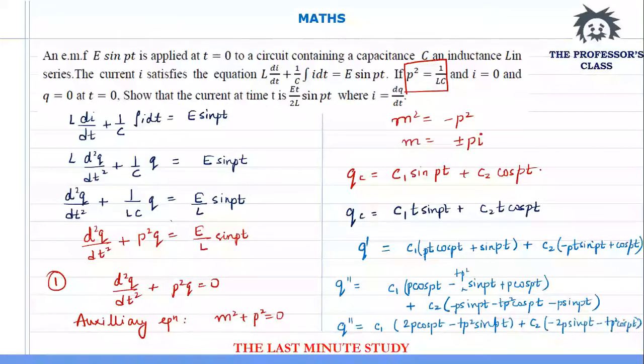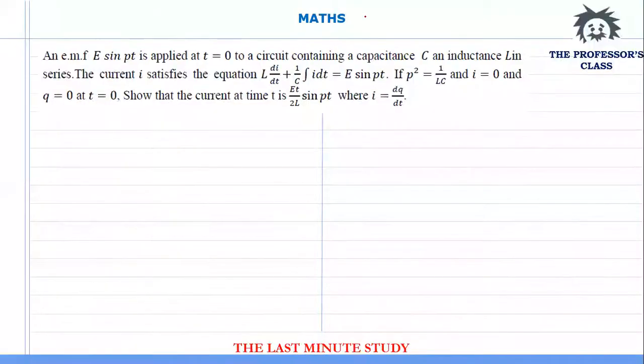Now, with this complicated equation, what we are supposed to do is substitute the value of q double dash in this equation. So let's do it and see what we get in the answer. Okay, now I'll substitute the values of q double dash in the given differential equation.